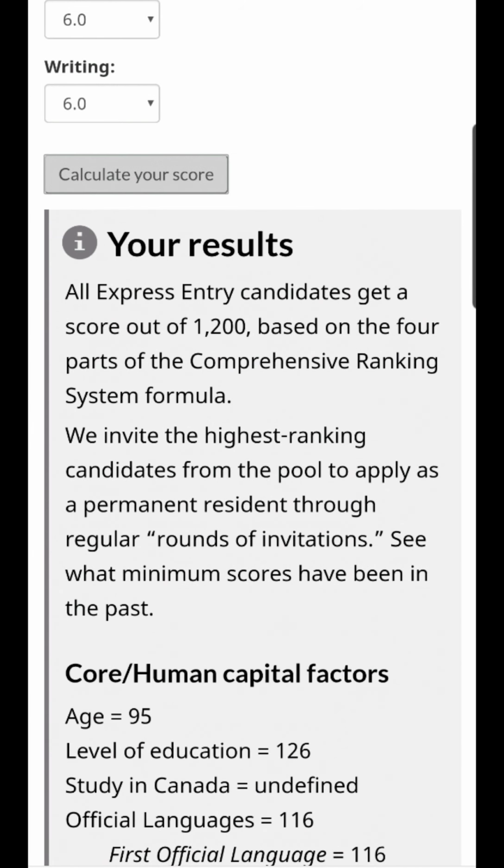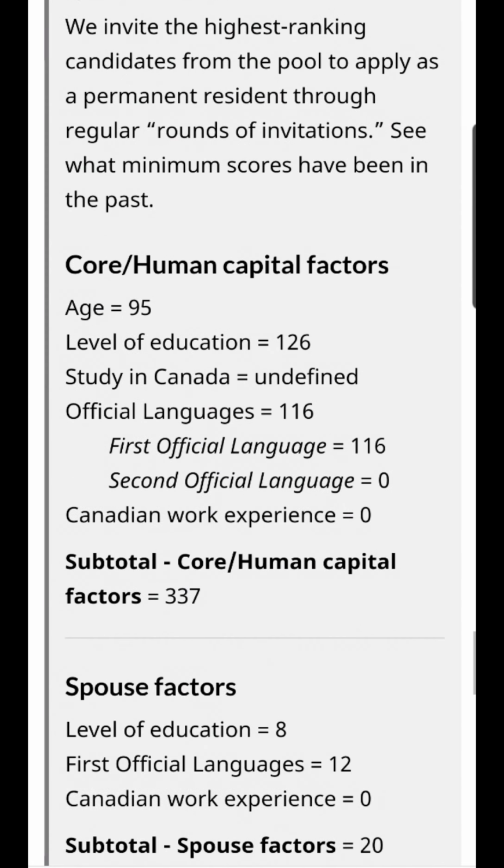So all Express Entry candidates get a score out of 1200 based on 4 parts of the Comprehensive Ranking System formula. The first factor is human capital factors. So you'll get marks for age, 95. Since I had given 30 years of age, the mark is 95.